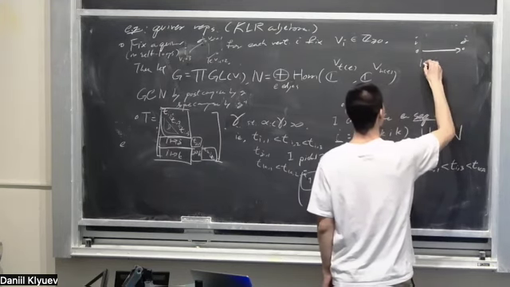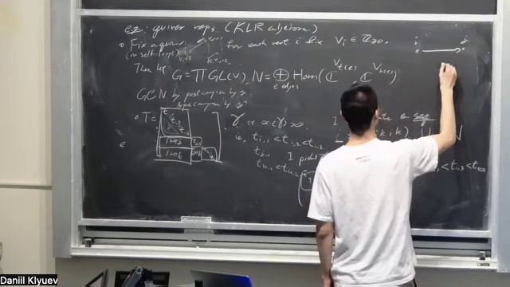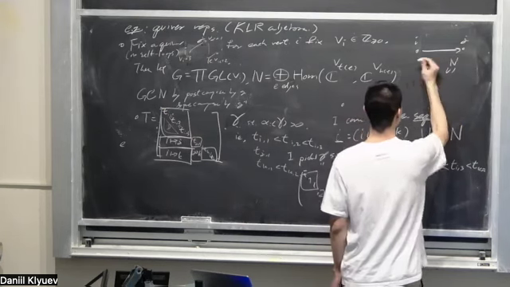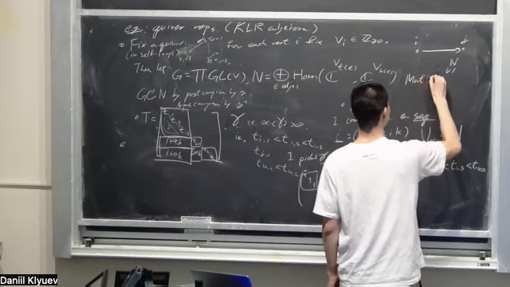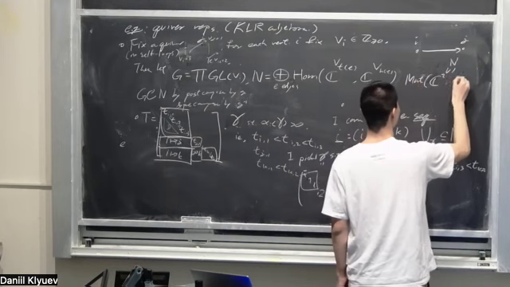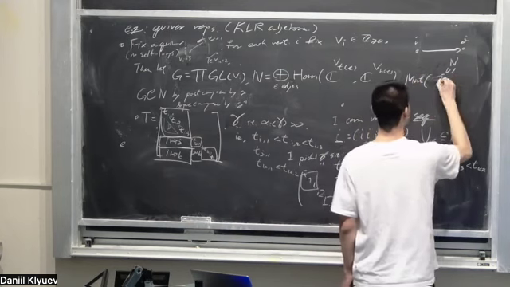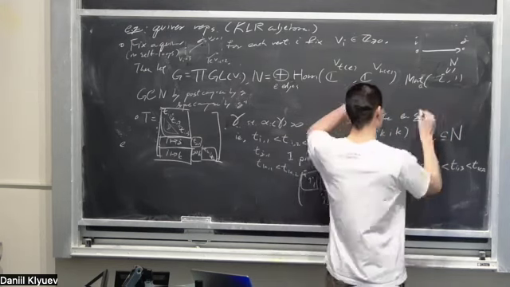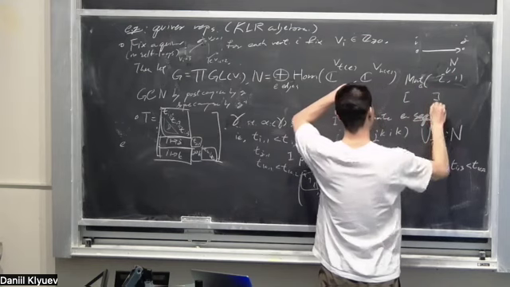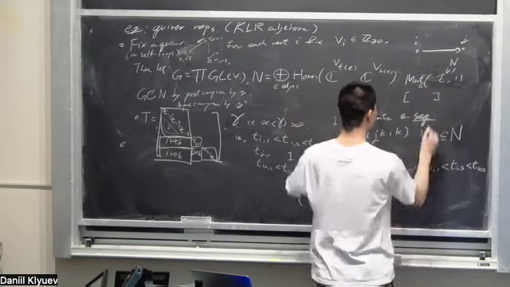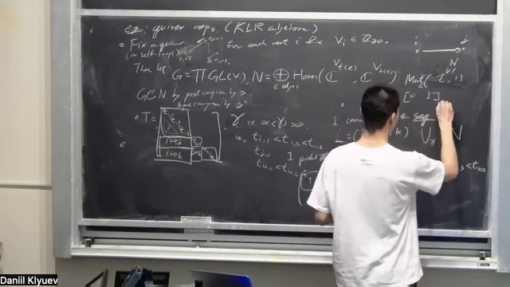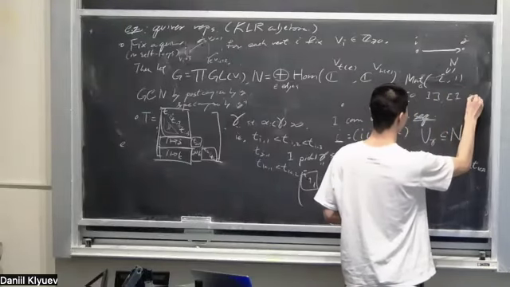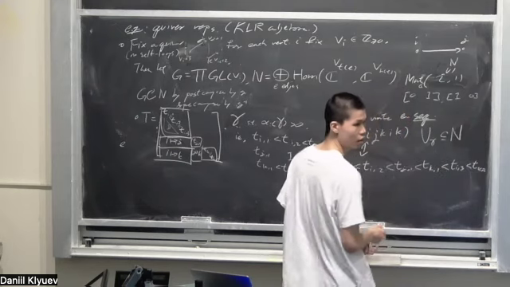So N contains the space of matrices, C2 to C1. I can look at the subspace generated like this and the subspace generated by this.